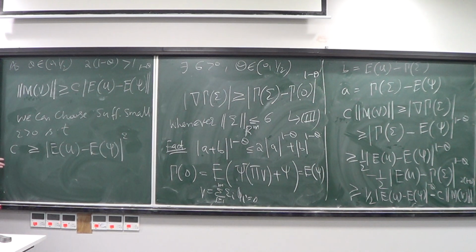So I can choose a sufficiently small epsilon that is less than or equal to the constant c.